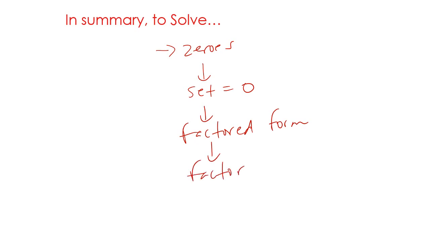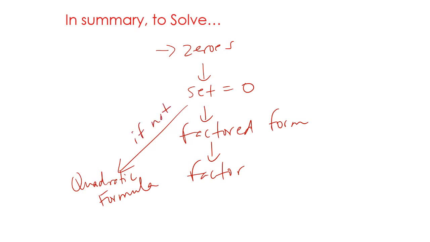Or if it's not factorable, quadratic formula. If not factorable. Or maybe the numbers are too big, or maybe you just don't remember how to factor. And we've learned how to factor higher order polynomials this unit.